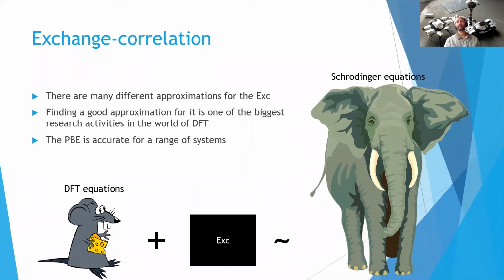But PBE, even though it is really good for all those systems, has its own problems. For example, in 2D materials, it doesn't understand what the van der Waals interaction is between, say, 2 graphene sheets.